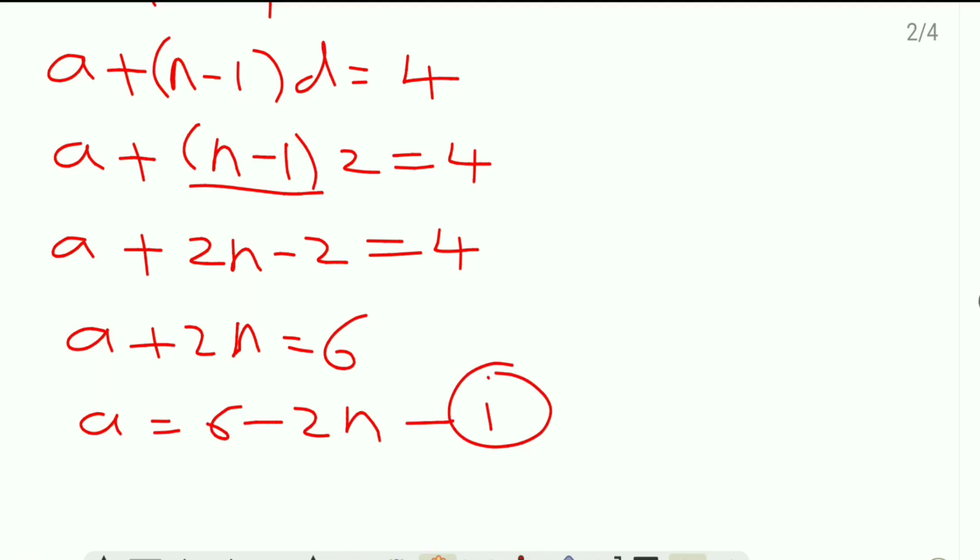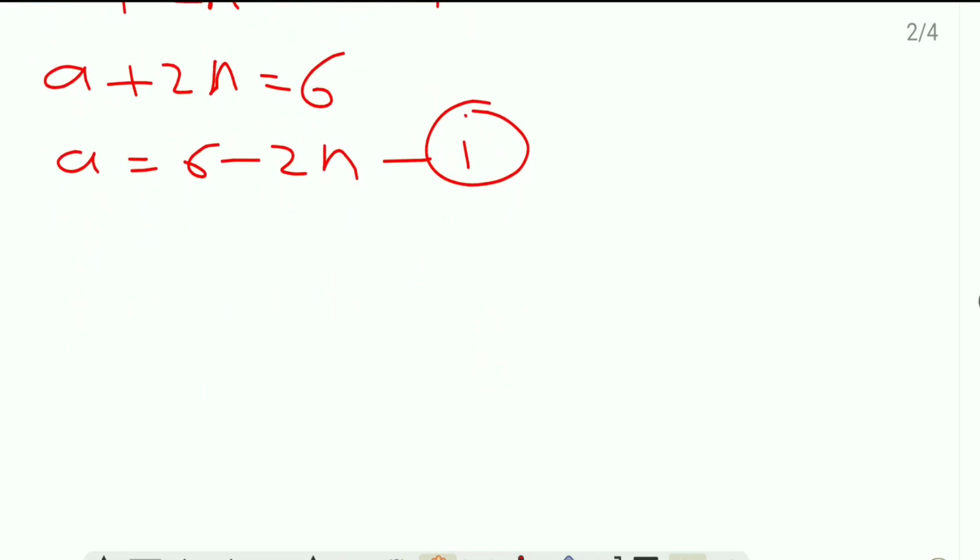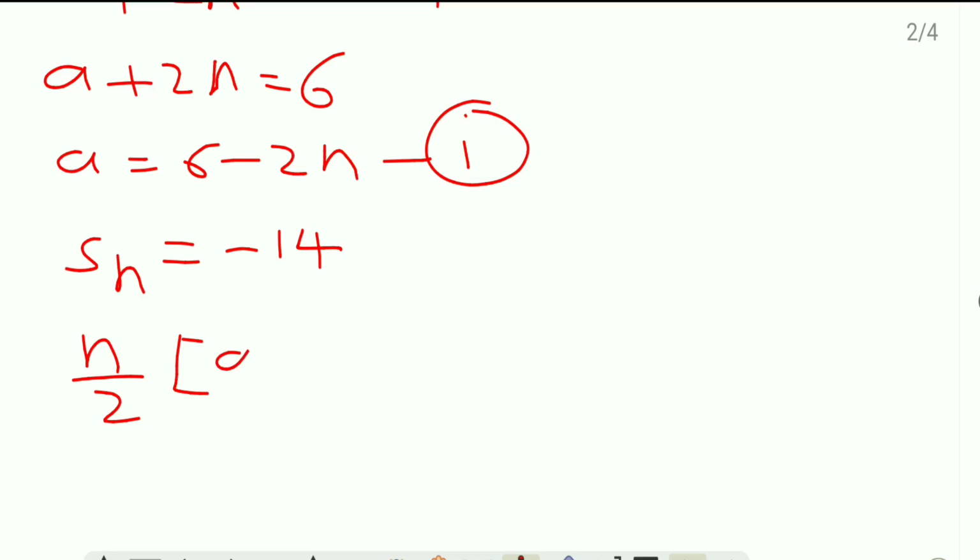As we are having the sum of n numbers, the sum of n numbers is equal to minus 14 here. Now as we know the value of a and they have given us the nth term, I will use the second formula, n by 2 into a plus nth term, which is equal to minus 14.